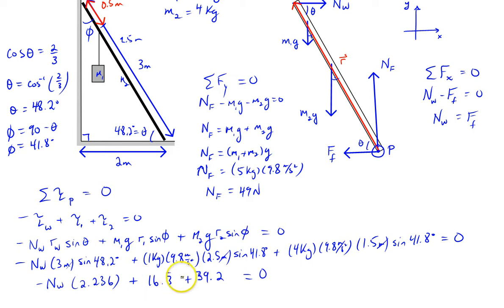Adding these together, you're going to get 55.5, and then divided by 2.236, you'll get the normal force from the wall is 24.8 newtons. Okay, we're almost in business now.